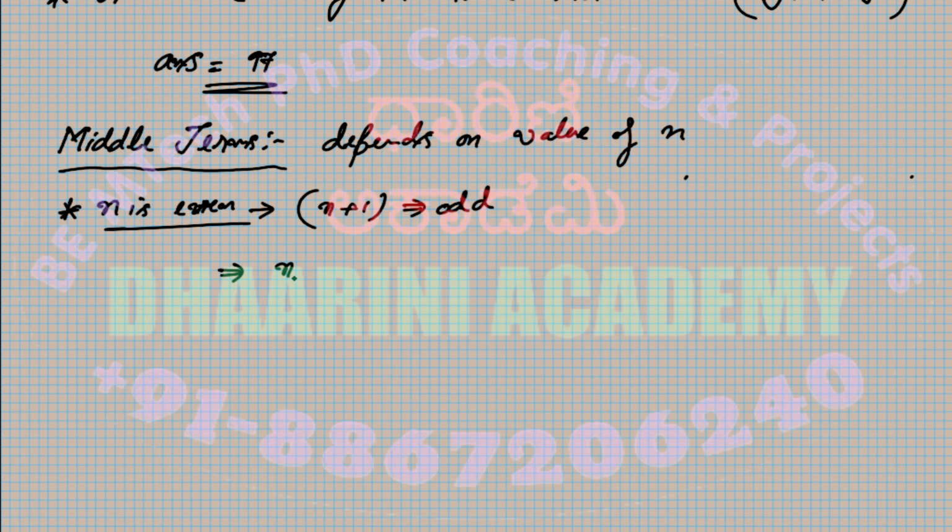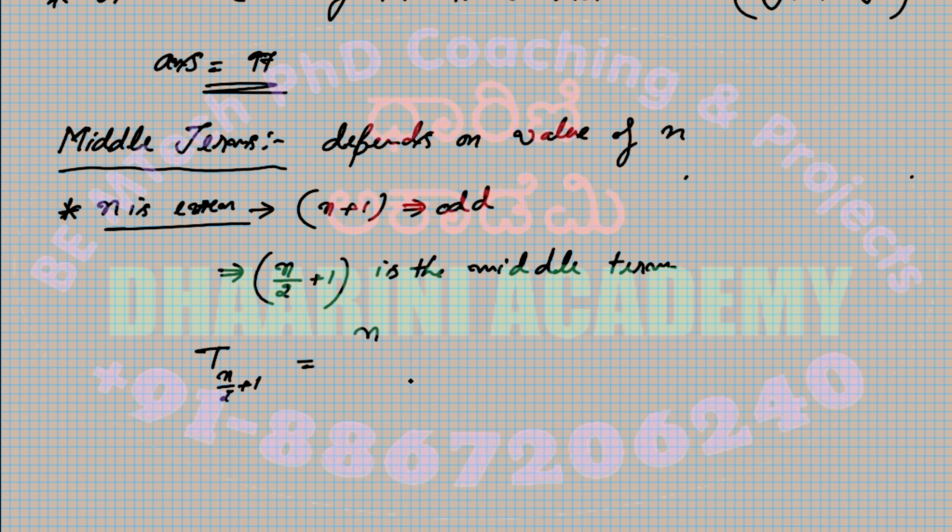T(n/2 + 1) can be calculated as nC(n/2) x to the power n minus n/2, which is simply n/2, and a to the power n/2. All right, so that is when n is even.